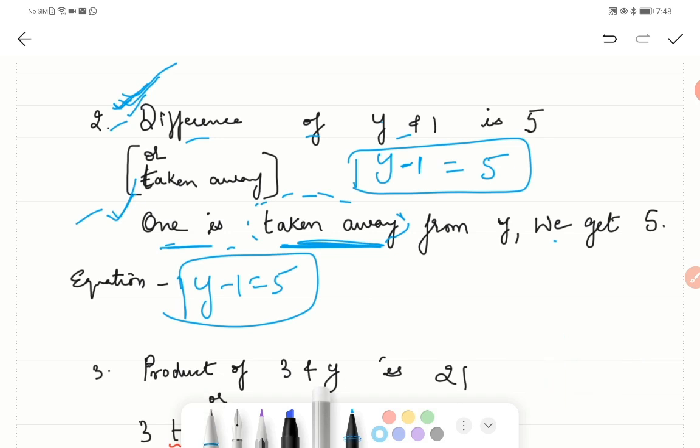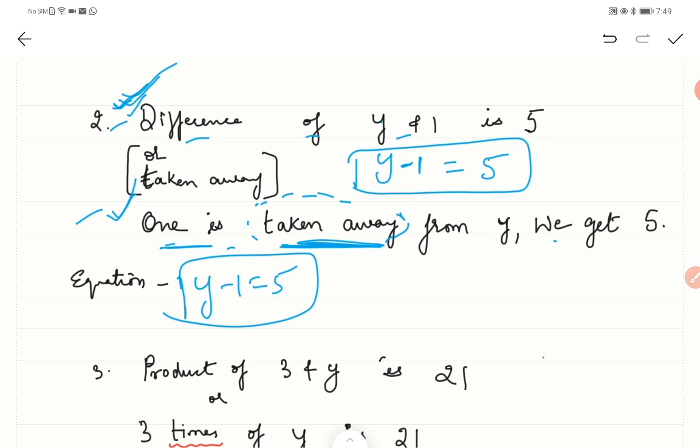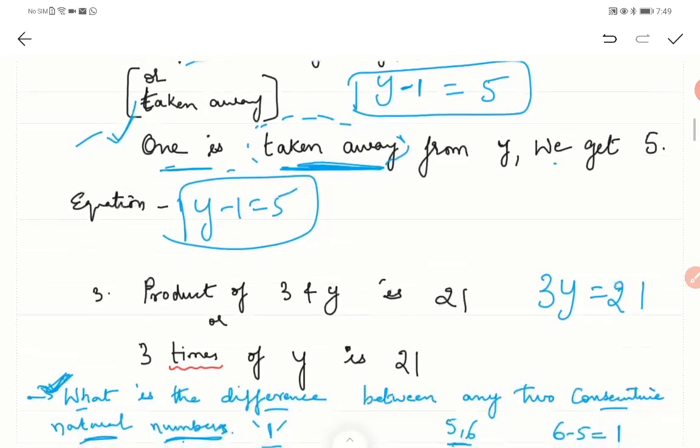So here the statement I can just write as: product of 3 and y is equal to 21. Now next, you can also term product as times. 3 times of y is 21. This also means product.